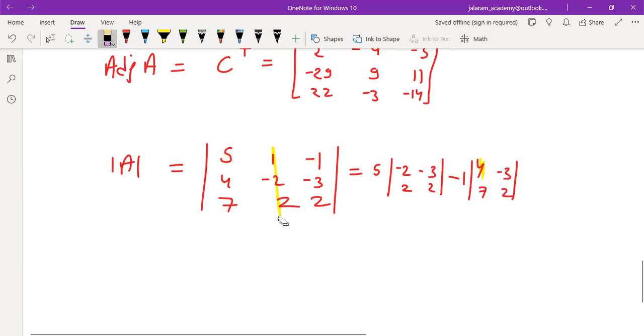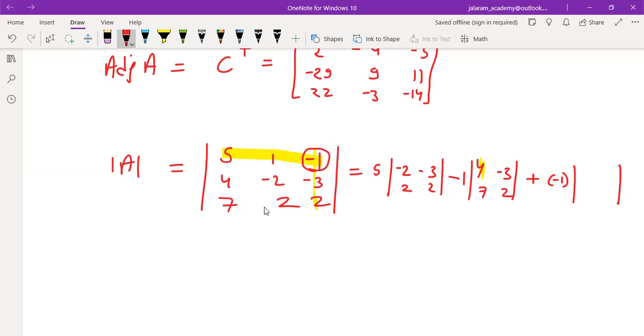And then minus 1 into the determinant obtained by deleting first row, third column, 4, minus 2, 7, 2.